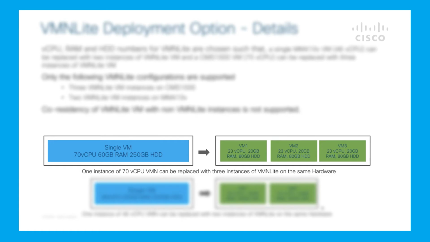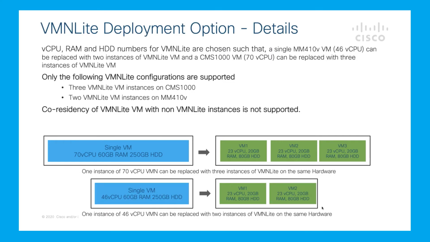And then if we take that and divide that 70 vCPUs that's available to us into multiple different OVA images, we can create 3 different video mesh installations on that same hardware. So we have Video Mesh 1, Video Mesh 2, and Video Mesh 3 on that CMS 1K. Same principles can be applied to the MM410V, but we can only support 2 different video mesh nodes. As a result of that, you'll get increased capacity.